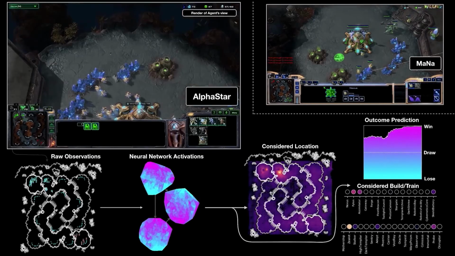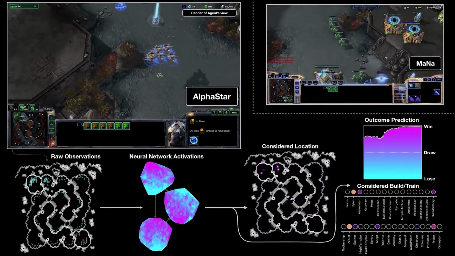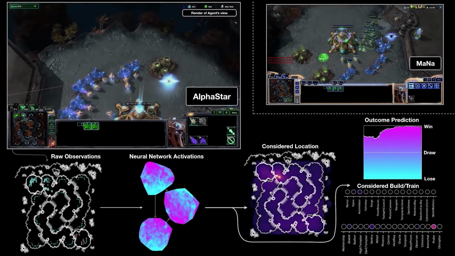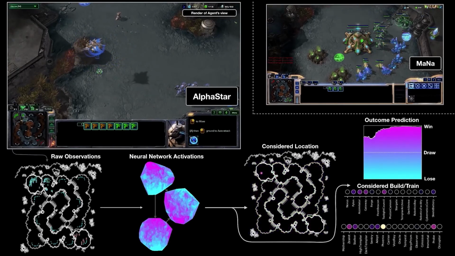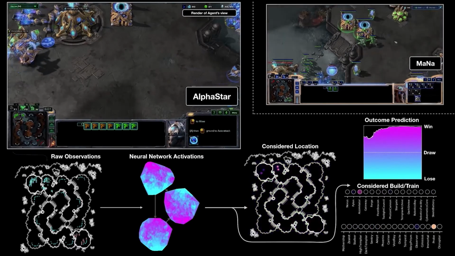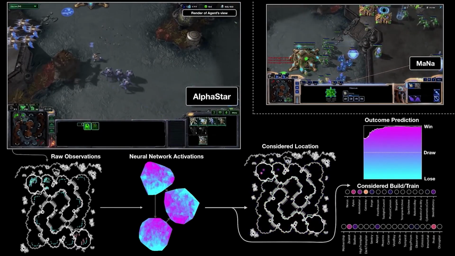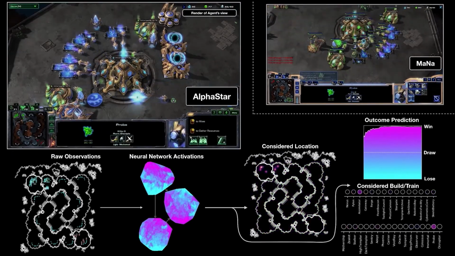On the top left side, you see the input that AlphaStar is seeing and the raw observations, kind of a map of the thing. And then it has a neural network, a recurrent neural network that is being fed this information and that outputs certain things, actions that it can do. So it can move around, it can click somewhere, it can order production of units and so on.